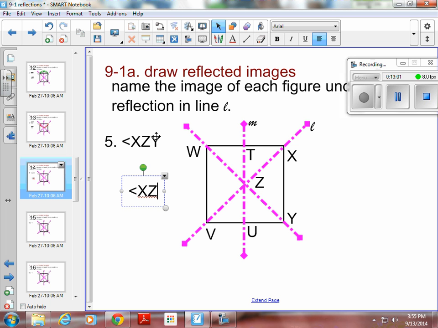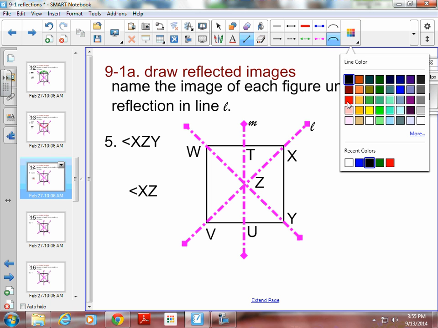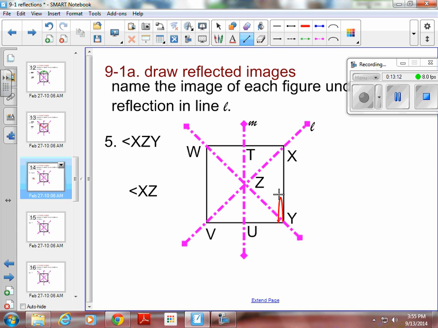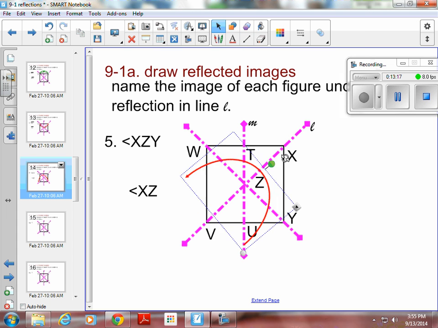Then you have Y. And Y is down here, and Y reflected across line L is going to take you up here, right?